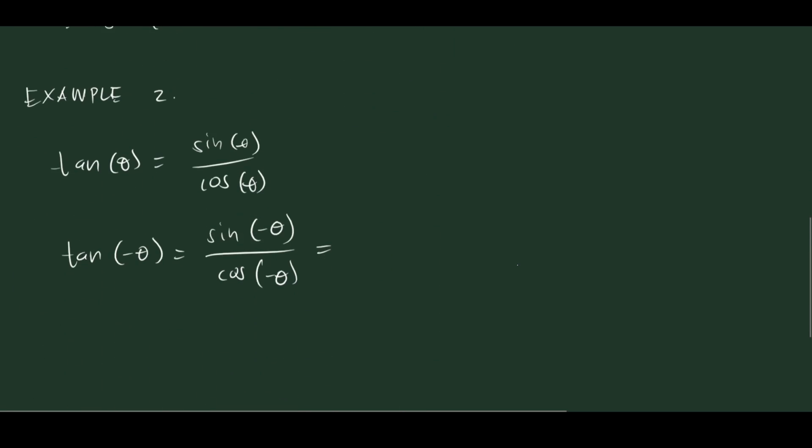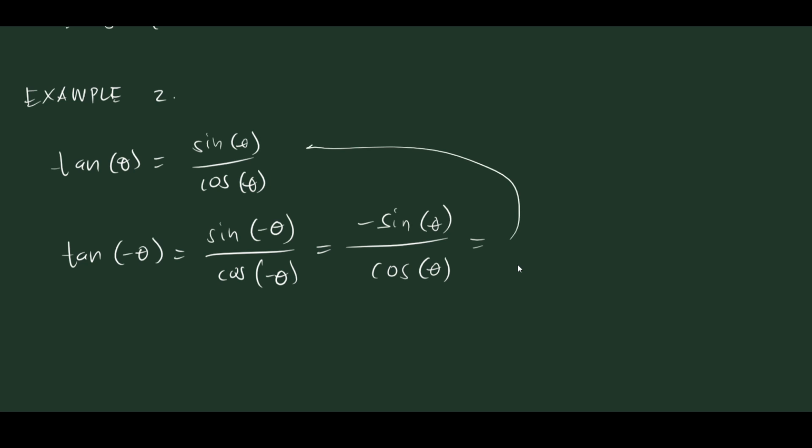Let's substitute that. This is negative sine of theta all over cosine of negative theta. What is cosine of negative theta? That is the same as cosine theta. Okay, so this is the negative version of our original sine theta over cosine theta right here. Therefore, tangent theta is odd.